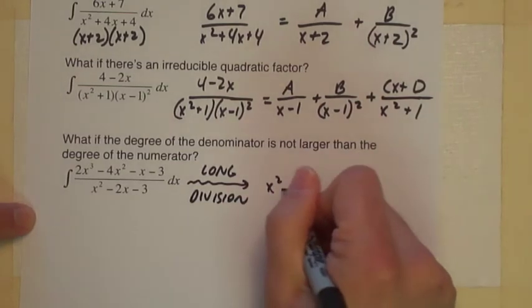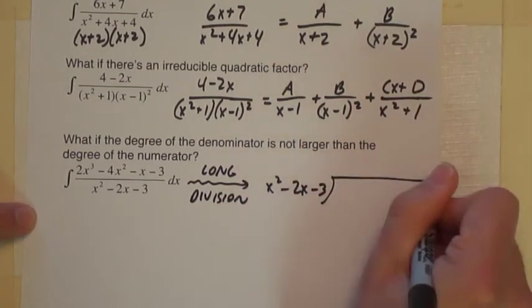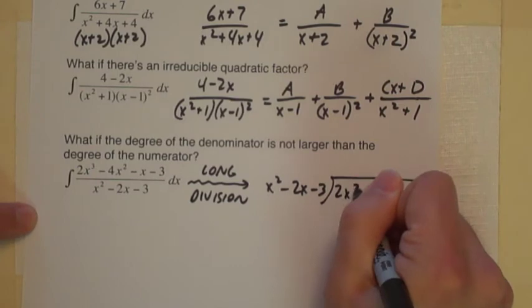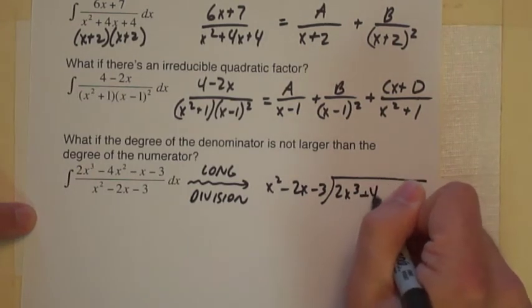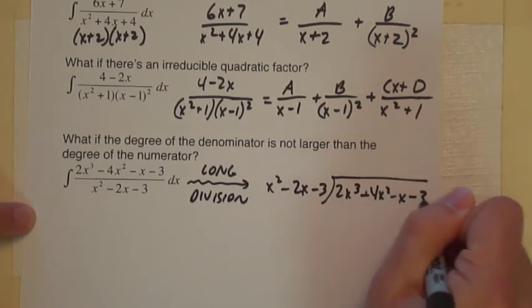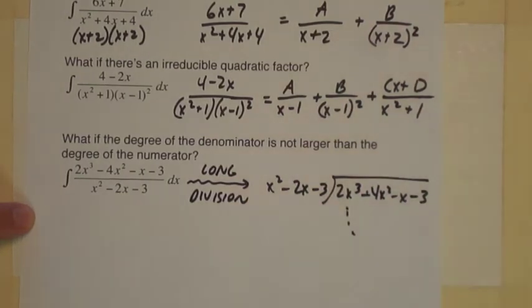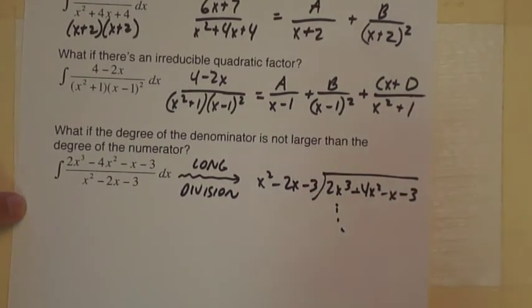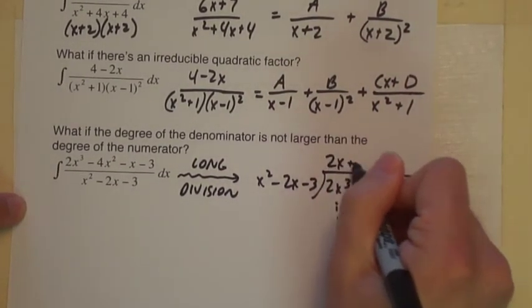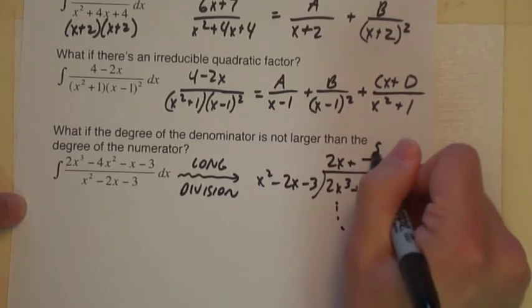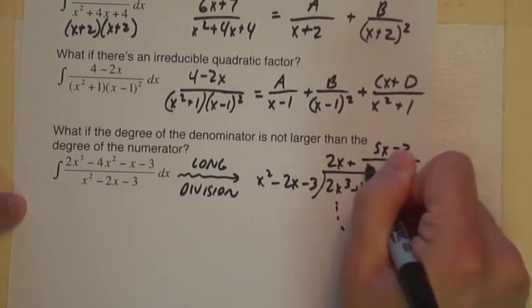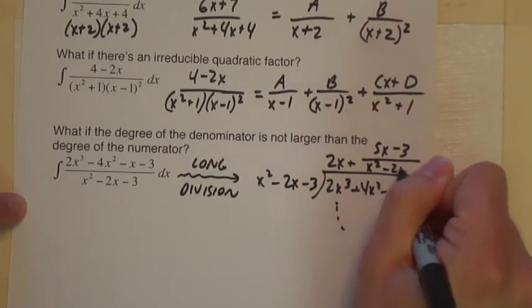Like this, x squared minus 2x minus 3 divides into 2x cubed minus 4x squared minus x minus 3. And you have to do this whole process. And after you do that, you'll get something like 2x plus some remainder, like this. I think this is how this one comes out.